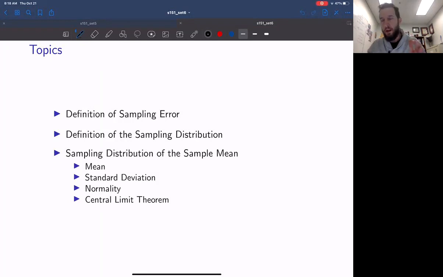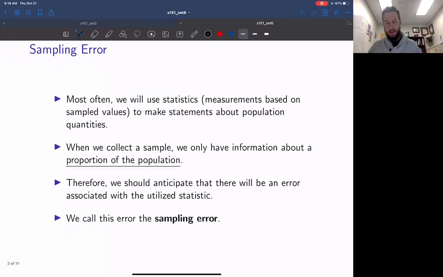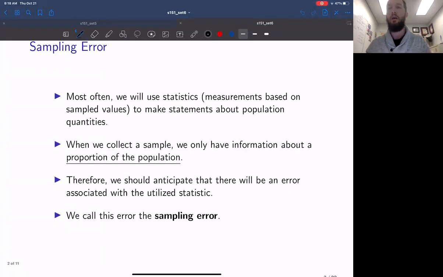Now, the rationale for why we want to do this is based off of wanting to understand how the sample mean behaves. So the idea is we have some population that we want to talk about. So perhaps you want to measure the average GPA of all university students in the country.